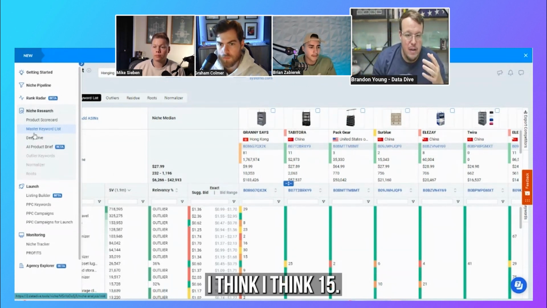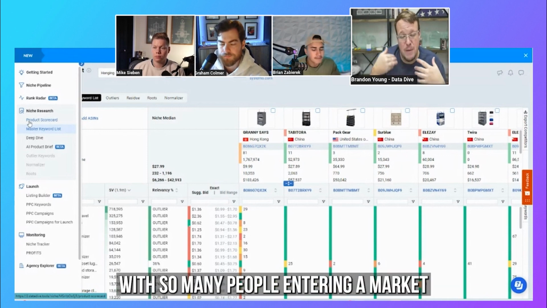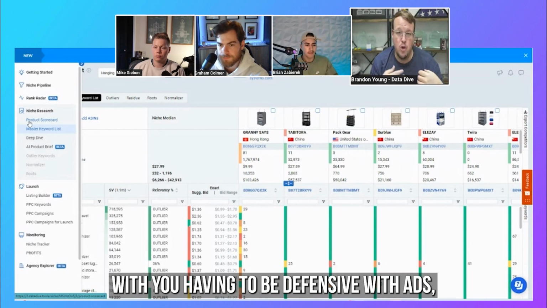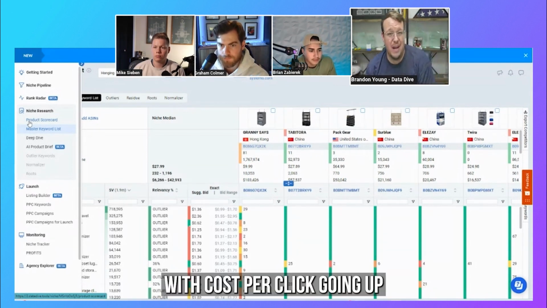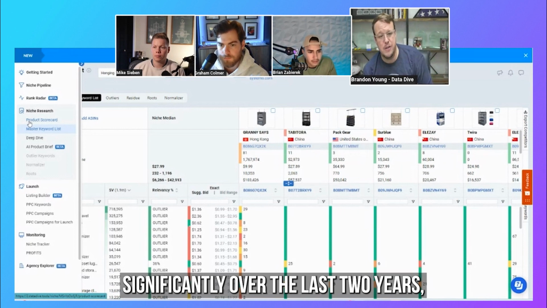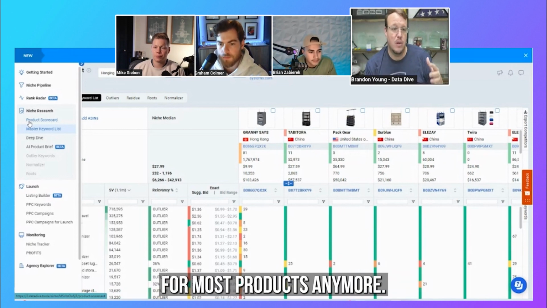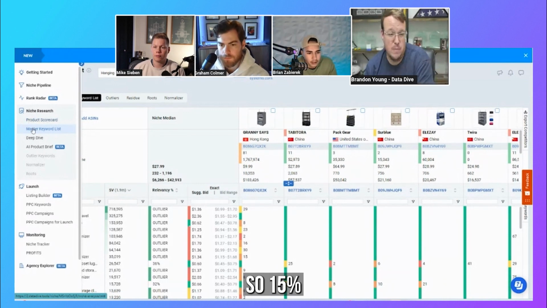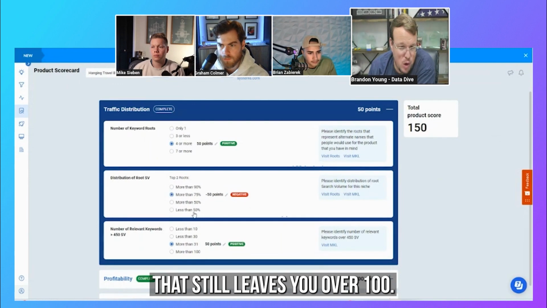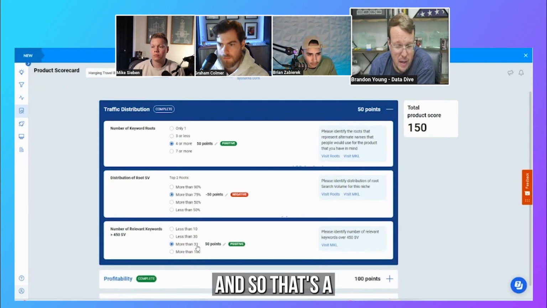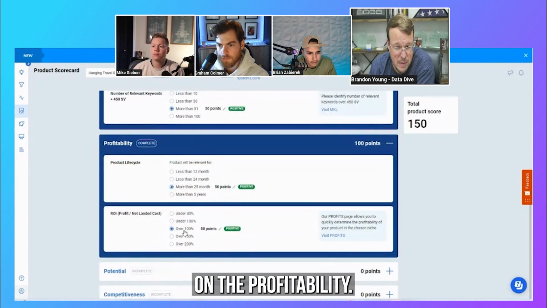I think 15, it used to be you wanted to be below 10%, but the reality is, with so many people entering a market, with you having to be defensive with ads, with cost per click going up significantly over the last 2 years, you're not going to be under 10% for most products anymore. Yep. So 15% is probably okay. So you're assuming 15%. That still leaves you over 100. I think that's fine, and so that's going to be a positive on the profitability.